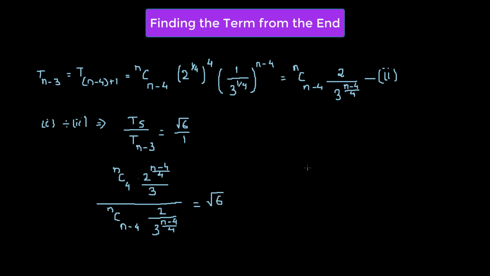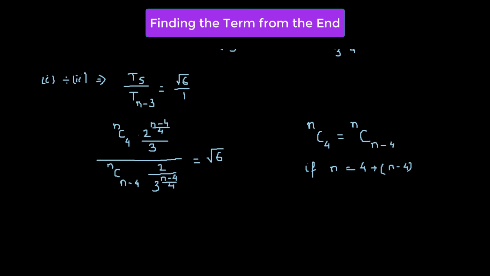Now we know, this is a property of combinations, that nC4 is always equal to nC n minus 4, since n is equal to 4 plus n minus 4. That is to say, let me generalize this.